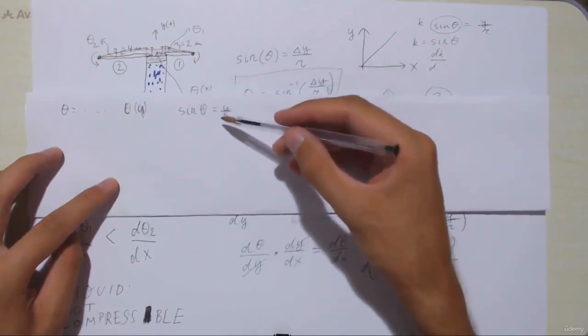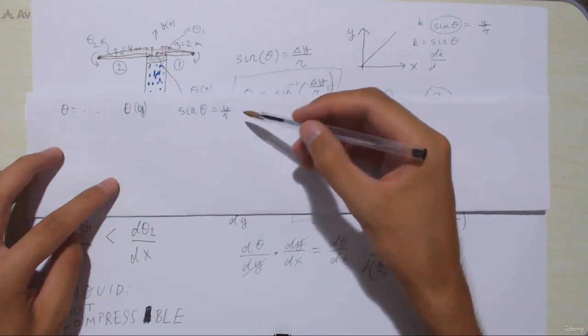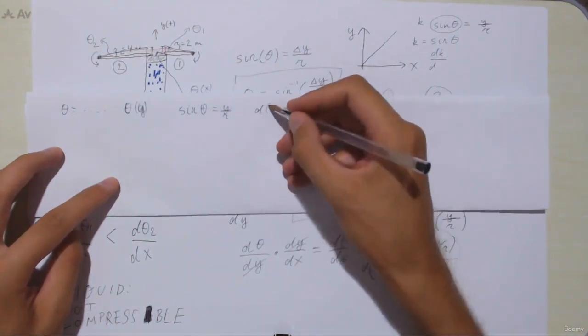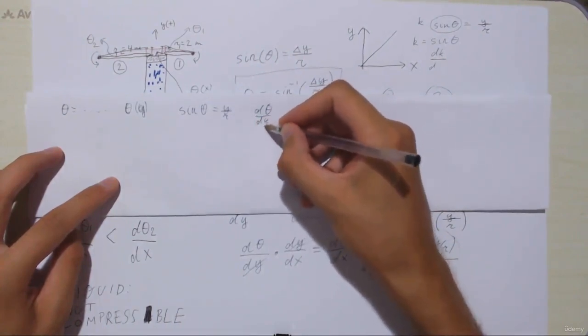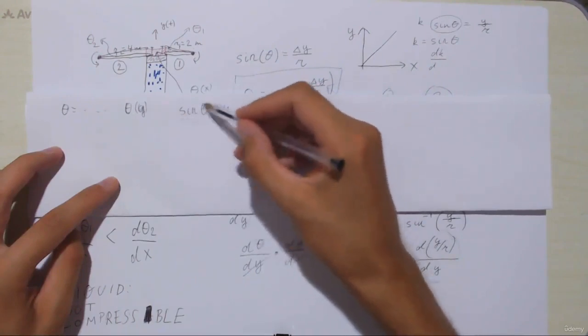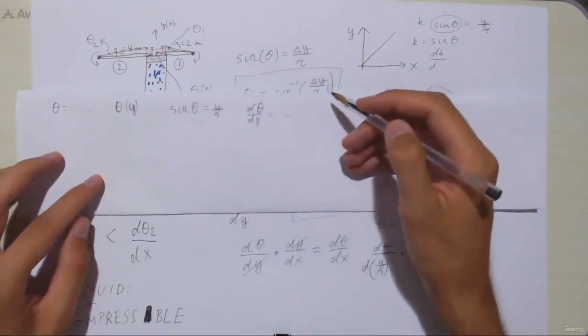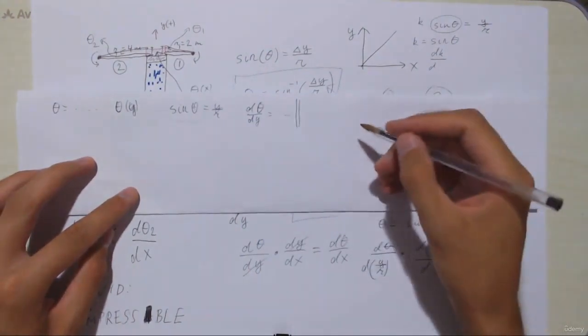It's not theta equals y over r, it's sine theta equals y over r. So we can't just say d theta dy equals something. We have to do something about the sine here. And what we do, we're going to use a chain rule, alright?